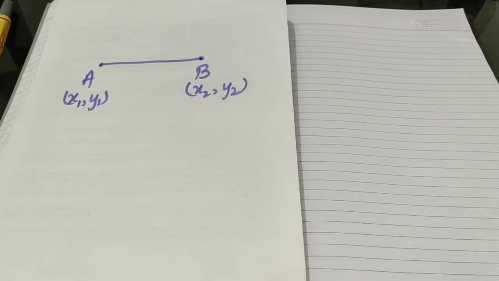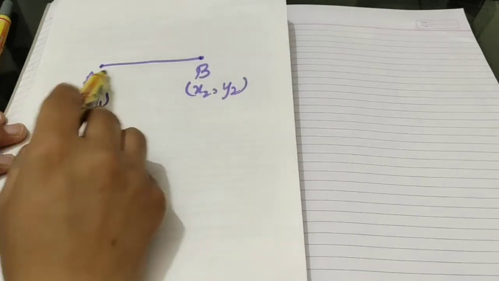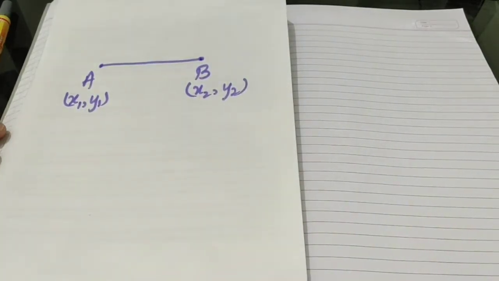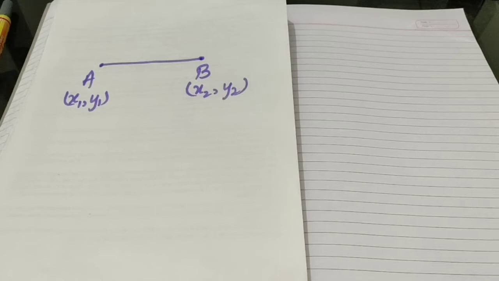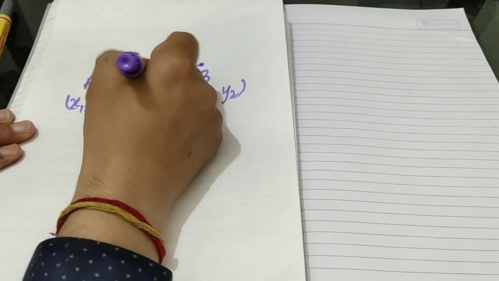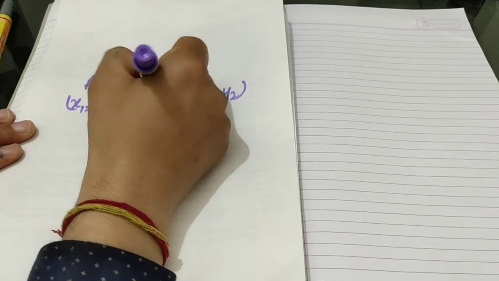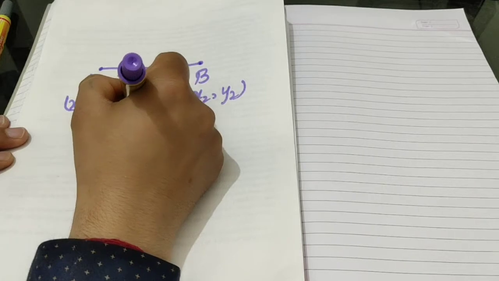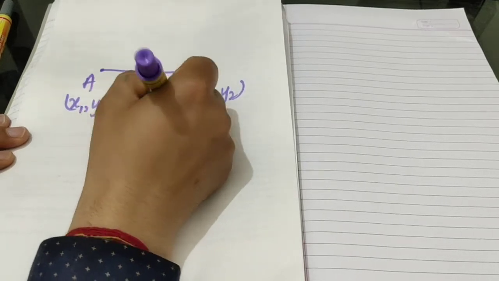Till now in coordinate geometry we have done the distance formula, which enables us to find the distance between two points whose coordinates are given to us. Let us suppose that line segment AB has one more point lying on it, which is P, and let the coordinates of point P be x and y.